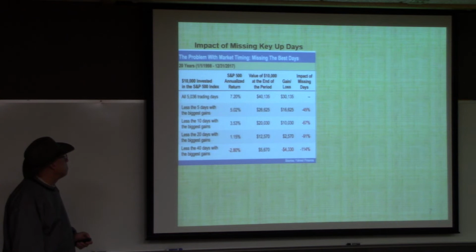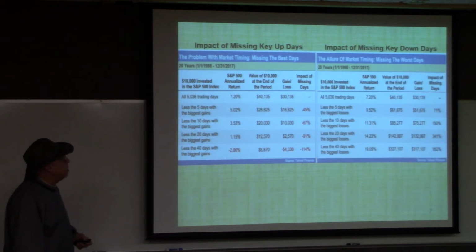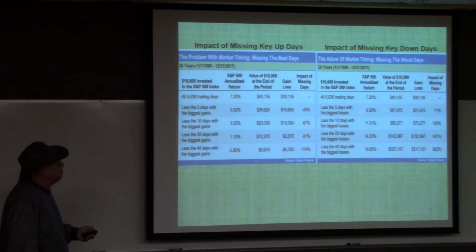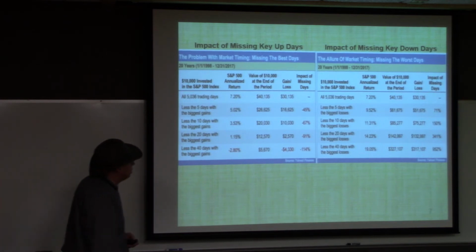All right, let's see what happens if you miss the key down days. Missing the key down days had an even bigger impact. Your portfolio would have earned 9.5% if you were able to miss those key down days, up to 19% a year if you had missed the 40 days with the biggest losses.